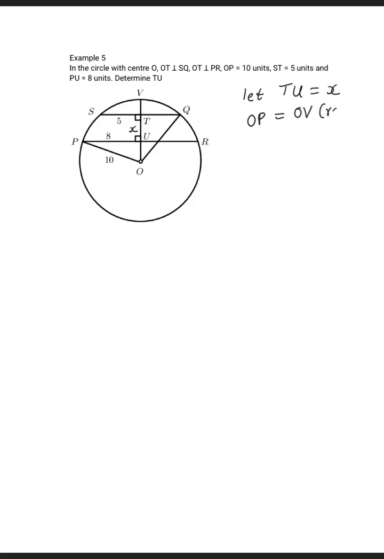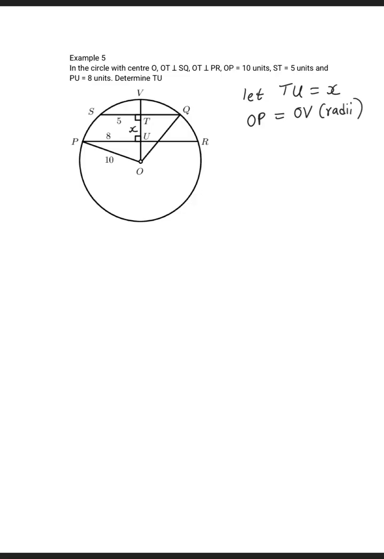The reason is they are radii. We are not given TV, so since we are not given TV, knowing that OP is equal to OV, how will that help us? It won't help us basically.